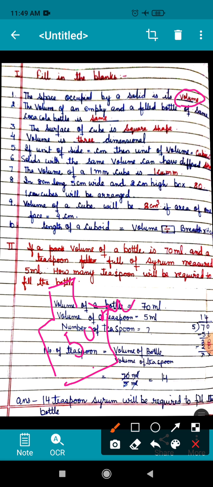It means what? You can put 550 ml of liquid in it. The same thing we will apply here. The volume of an empty and a filled bottle of same Coca-Cola bottle is same.